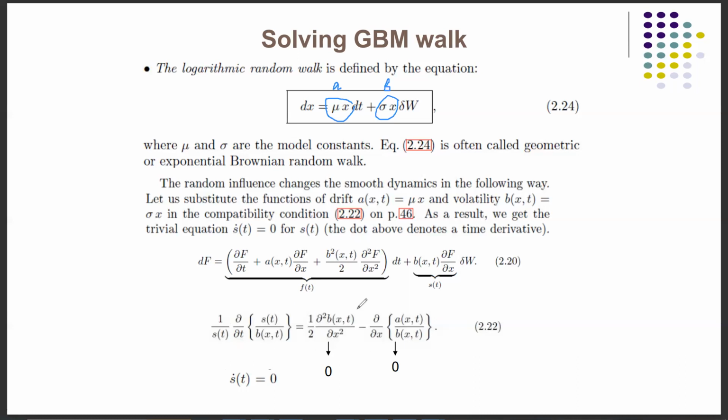We write this condition and substitute what b and a are. b is sigma x. So if b is sigma S, and we find the derivative with respect to x, what will it be?